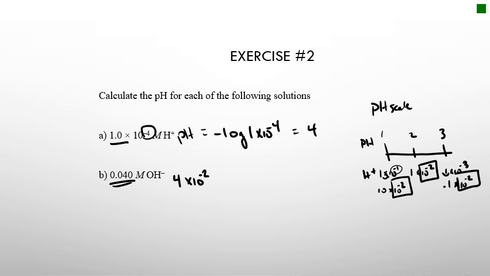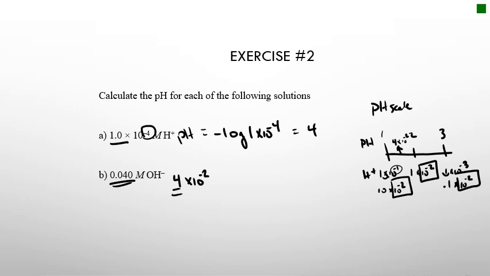Now, all of my exponents are the same. So when I look at this and I see that my number out in front is a 4, that's going to tell me that it's going to fall somewhere between the 1 times 10 to the minus 2 and the 10 to the minus 2, because it is in between with the front numbers. So I know as a result with 4 times 10 to the minus 2 that my pH is going to be somewhere between 1 and 2.